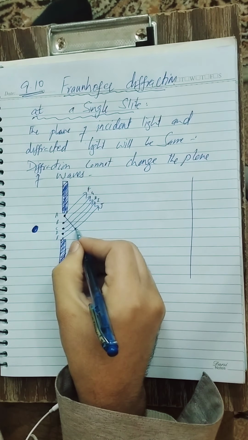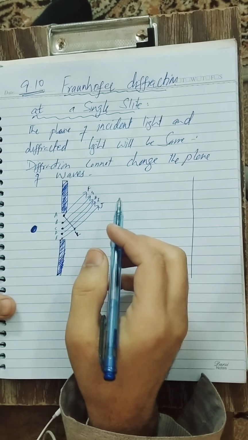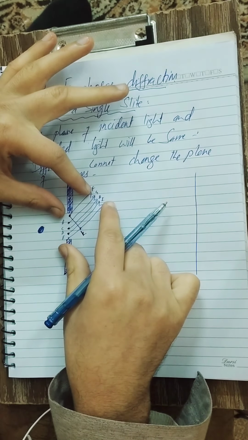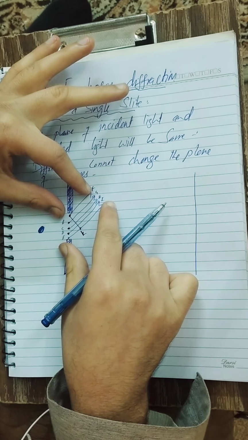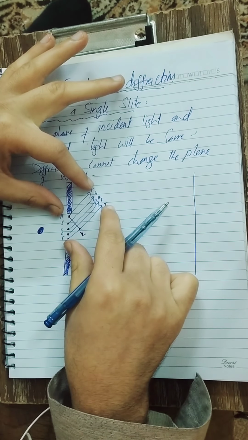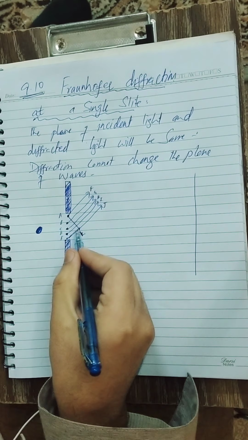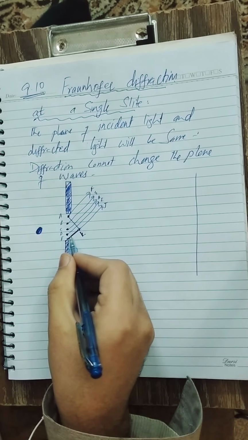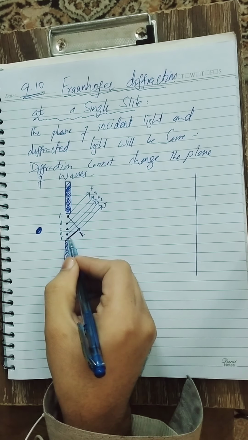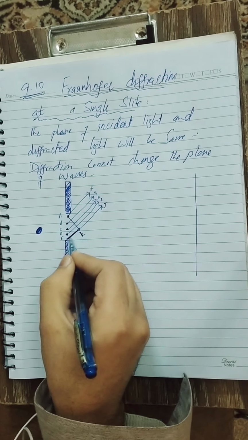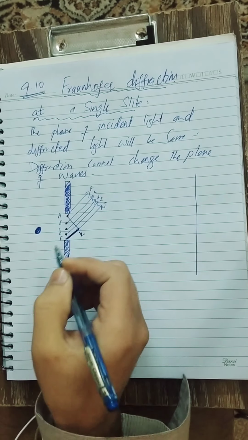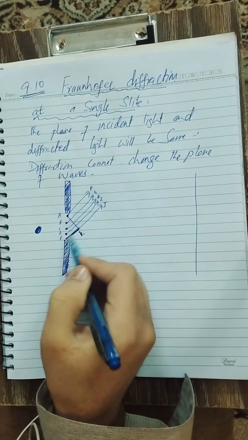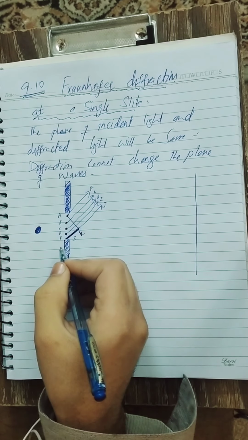It means that the path difference between AF and EJ is EK. If there is no EK, both will be equal. So EK is the path difference, which is called S.